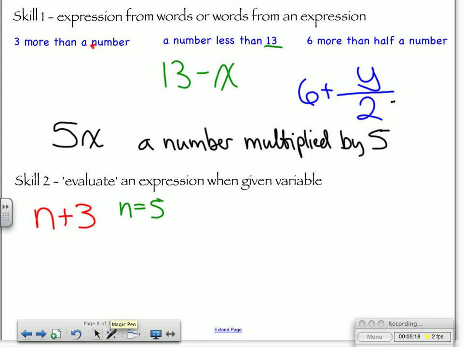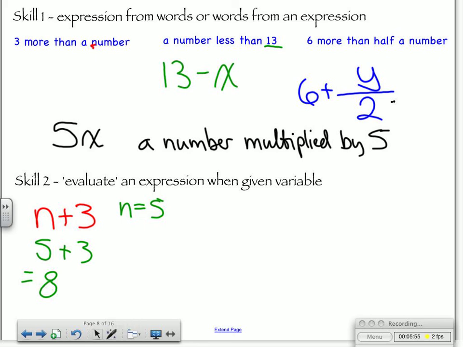Well, we now can evaluate this expression because we know what the variable is. We've been given the variable. So if the number is 5 and it's 3 more than a number, we replace the n with the new number we have. So it's 5 plus 3, and we know that that's equal to 8. So we've just evaluated. We found out that this expression was worth 8 right now because we were given the variable 5.